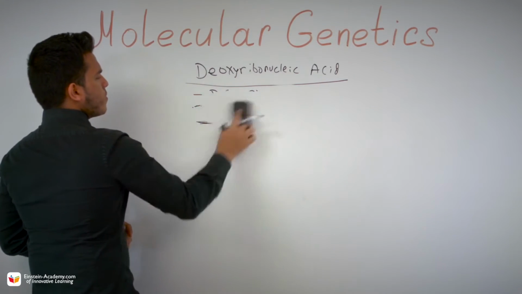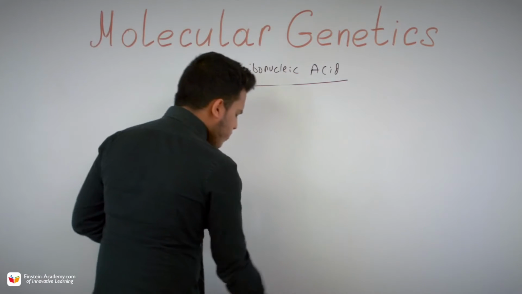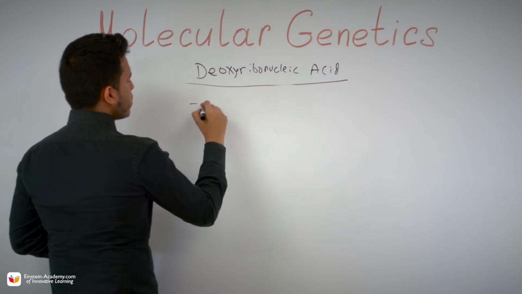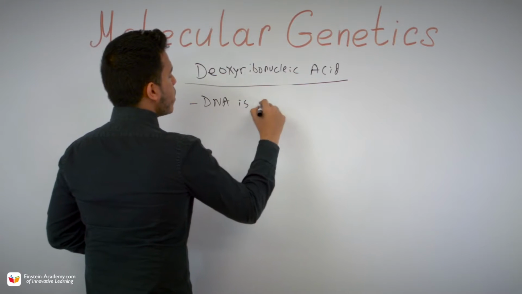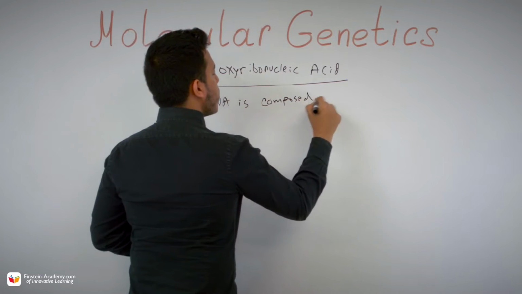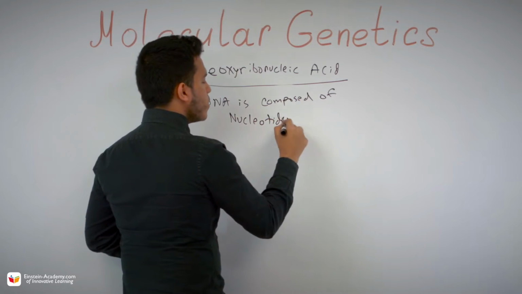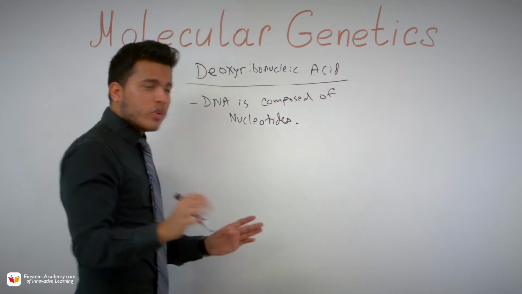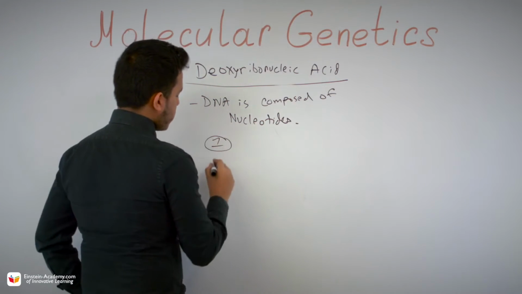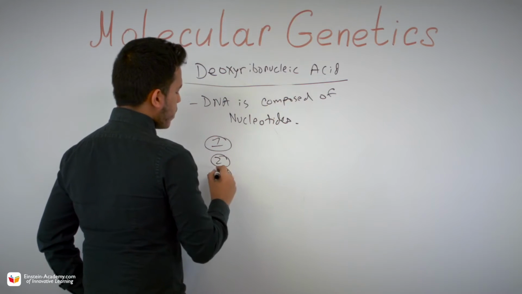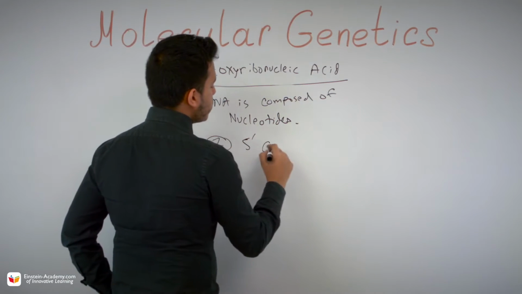DNA is composed of nucleotides. And what's a nucleotide? Nucleotides contain three things. It contains a 5-carbon sugar.